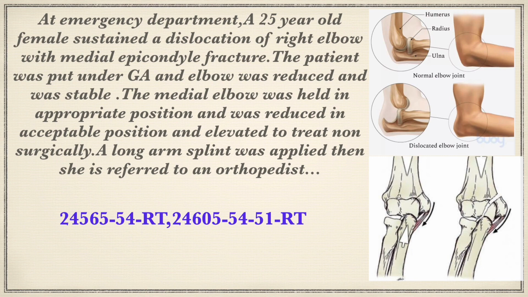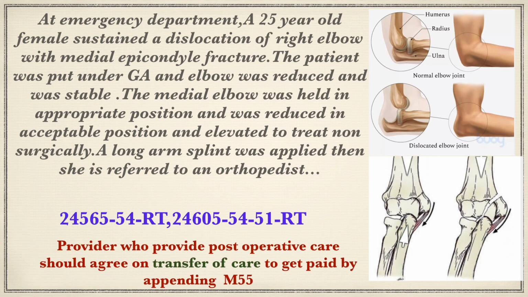The RT modifier is applied along with both codes to indicate the right side. The orthopedist can apply modifier 55 to get paid for post-op care only by agreeing to a transfer of care. When transfer of care doesn't occur, the service of the orthopedist may either be paid separately or denied for medical necessity reasons.